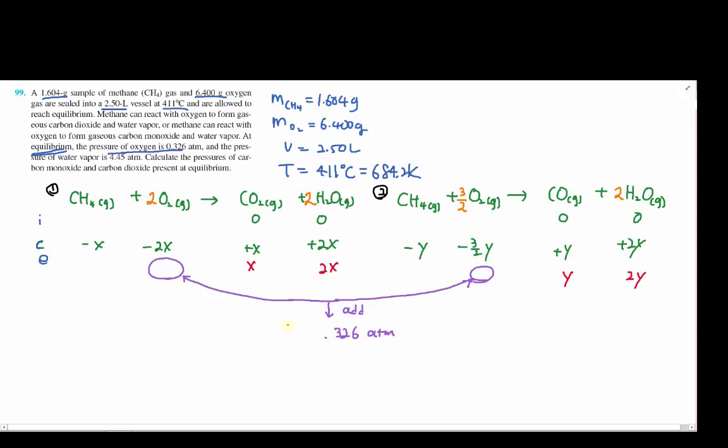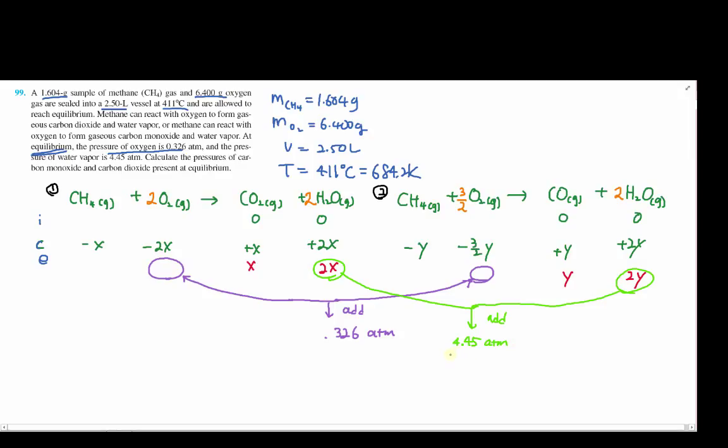And the pressure of water vapor happened to be 4.45. When you add these up, they add up to 4.45 atm.